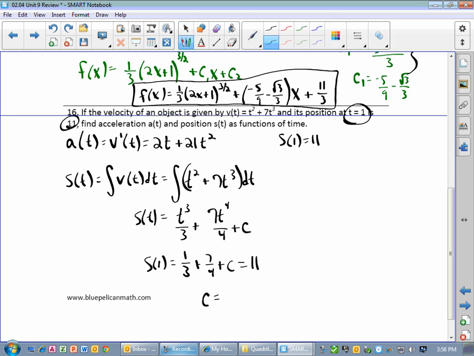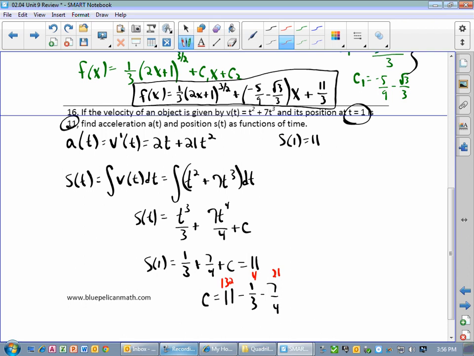So again, at this point, I'd honestly be okay with you saying 11 minus 1/3 minus 7/4. I would accept that. I'm going to simplify it. Common denominator would be 12. And so this is like 4/12. This is like 21/12. And this is like, let's see, 11 times 11 is 121. So add on under 11, we get 132.